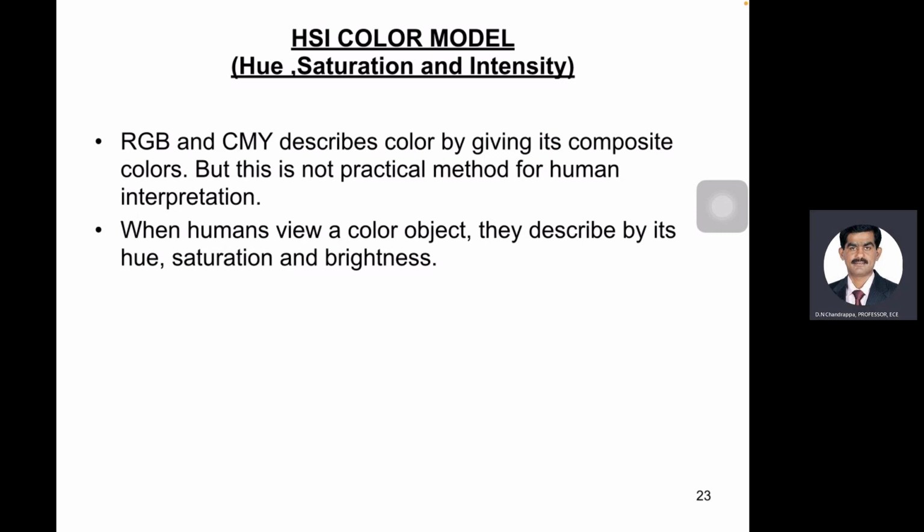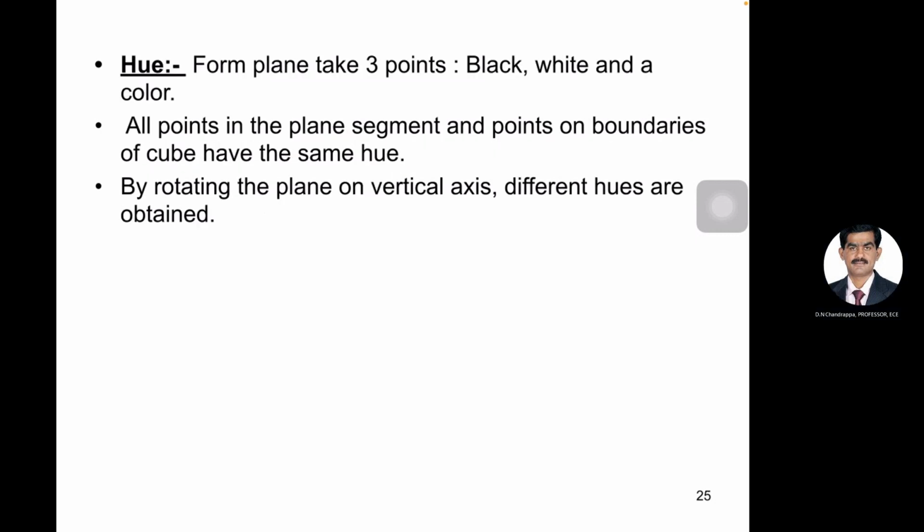Saturation at a point on the intensity axis is 0, since all those points are gray. The hue plane is formed by three points: black, white and the color. All points in this plane, and points on the boundaries of the cube, have the same hue. By rotating the plane about the vertical axis, different hues are obtained.